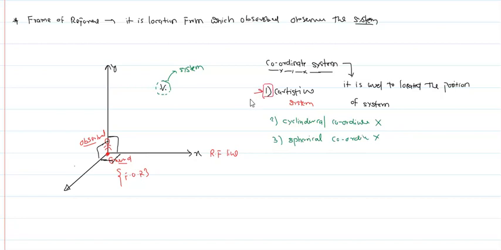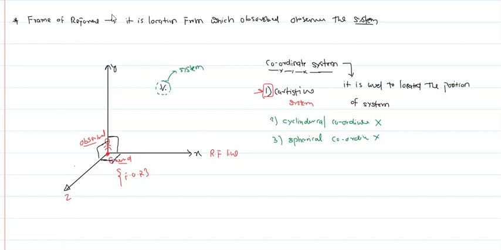This system is used to locate the position of an object in space or in a plane. If I give three lines x, y, and z, these three lines locate the position in space. That is called 3D.